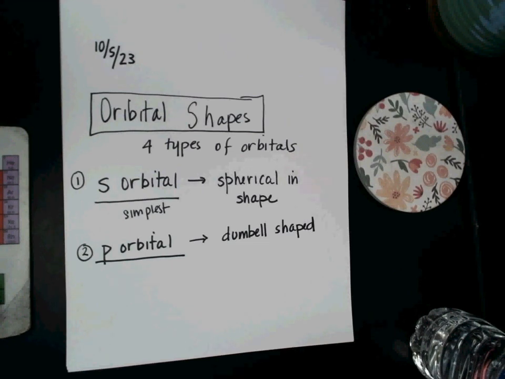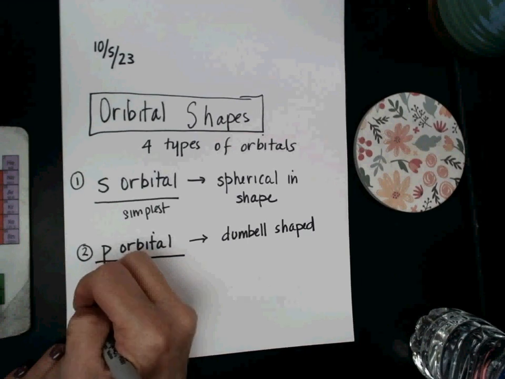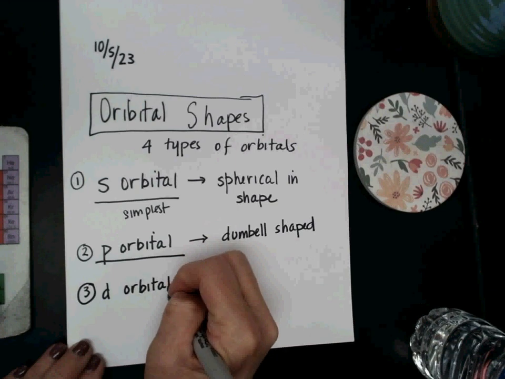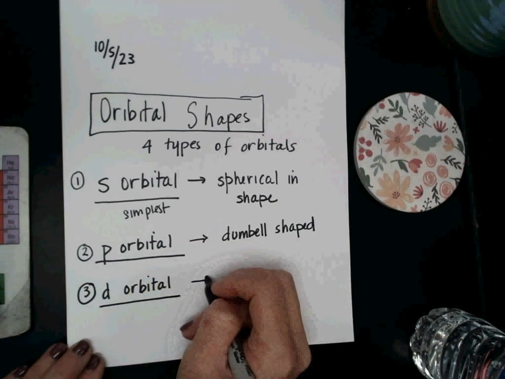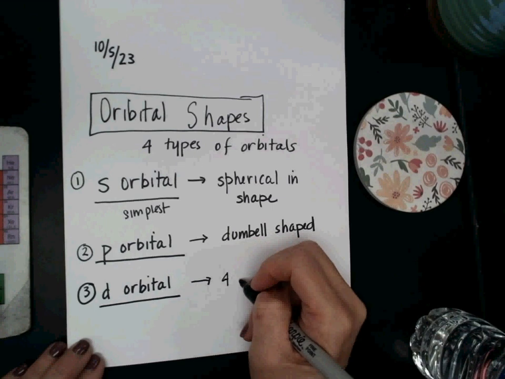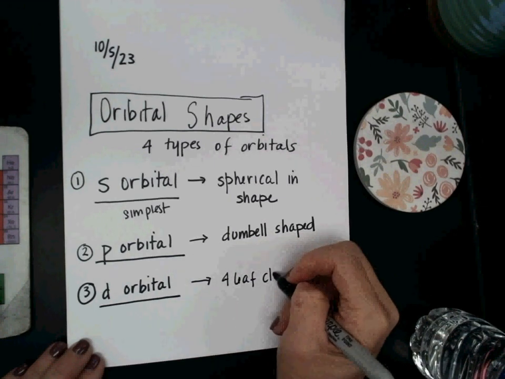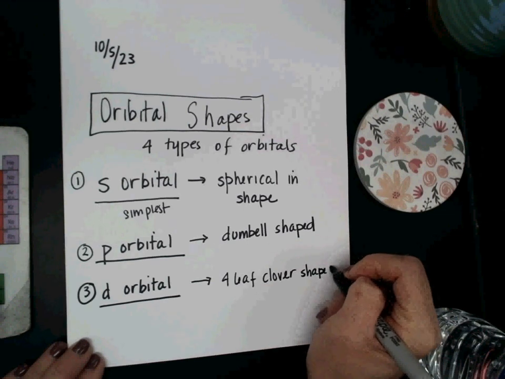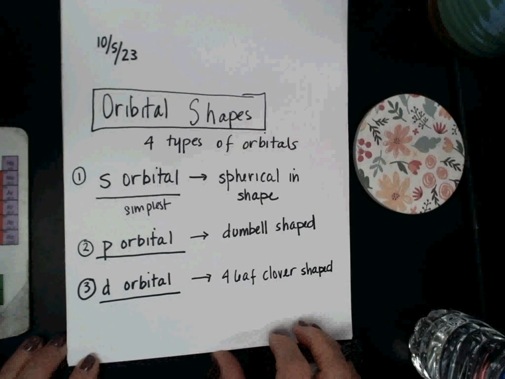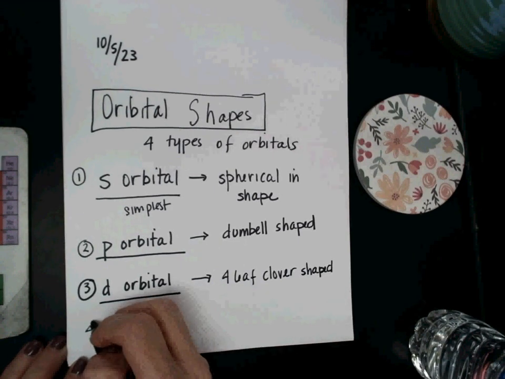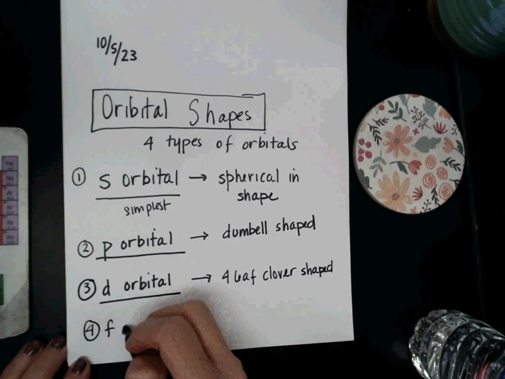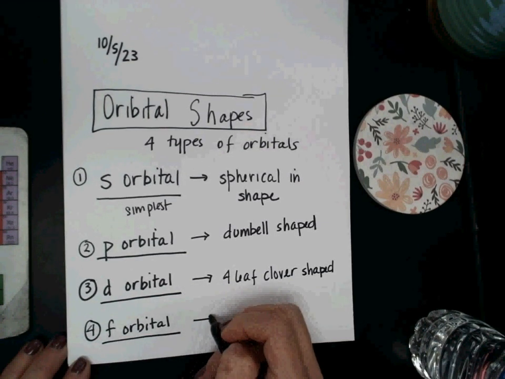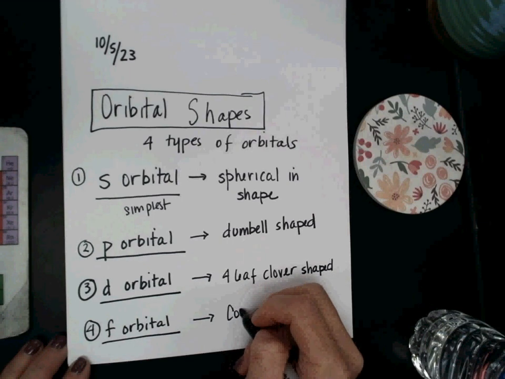After the p orbital is the d orbital, and this one is called 4-leaf clover shaped. And then the last one is the f orbital, and I'm just going to write complex. It doesn't even really have a name.